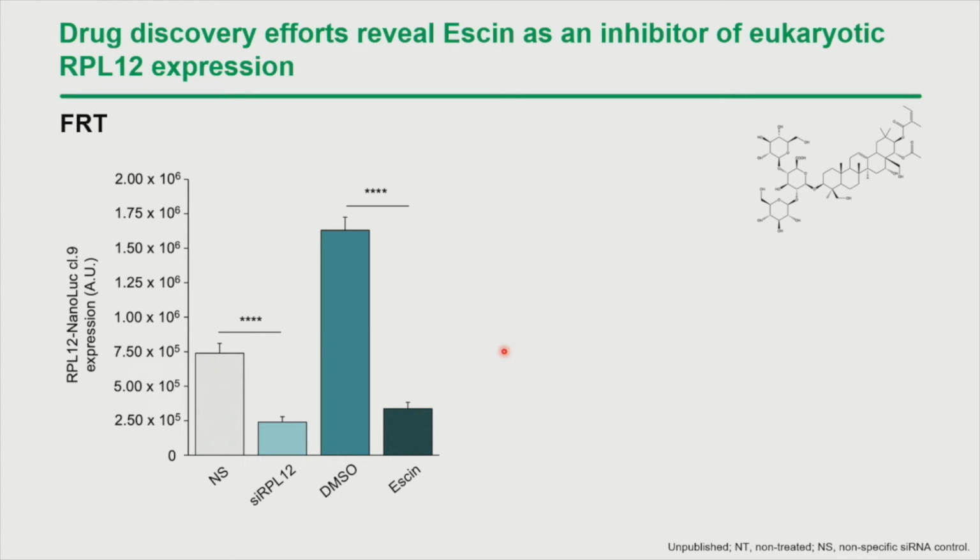As an initial step, of course, we used all of the translational inhibitors that are familiar to the CF space, so ELX02, G418, PTC124, and none of those agents inhibited RPL12 expression, but we were really surprised to find that aescin, which is a horse chestnut seed extract, does reduce RPL12 expression.